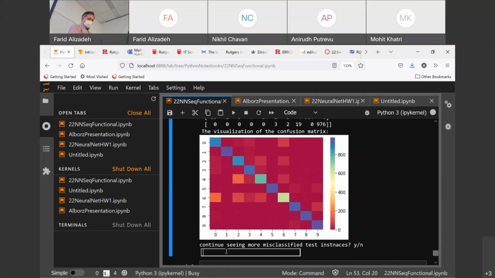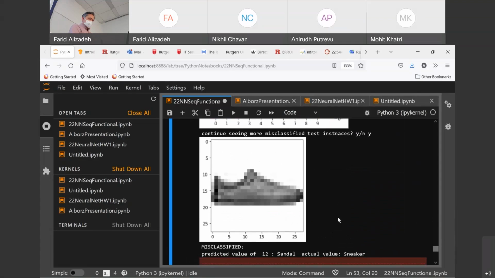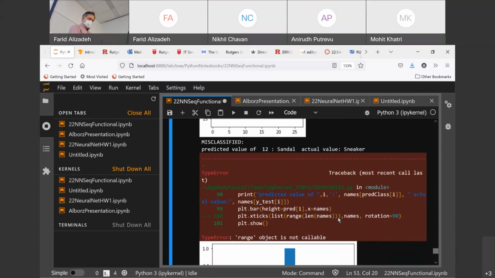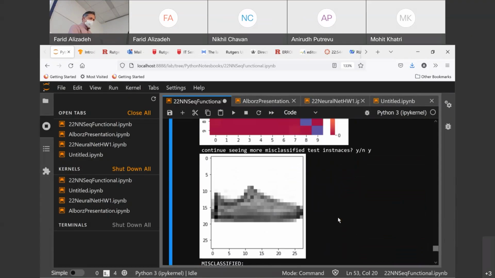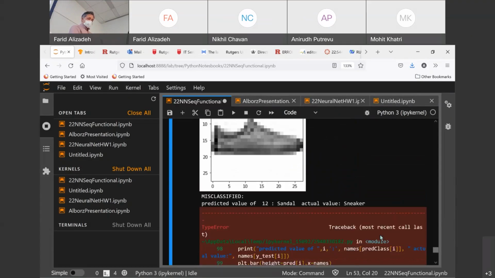Let's just look at a few. Here, for example, I don't know what happened here. It predicted a sandal, but it's actually a sneaker.